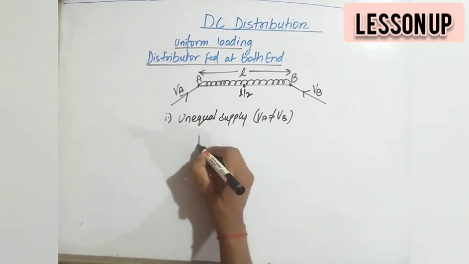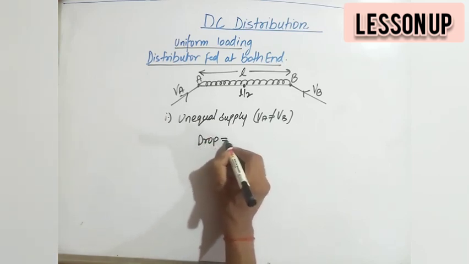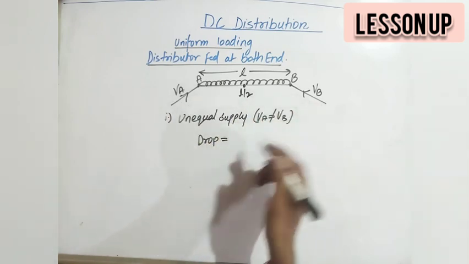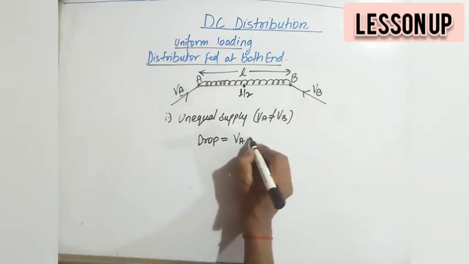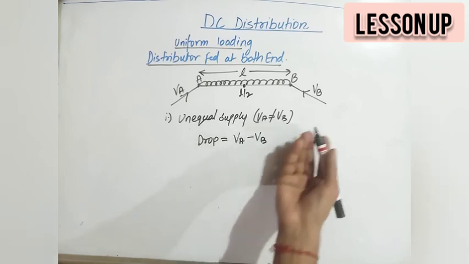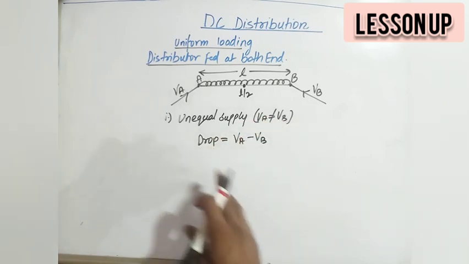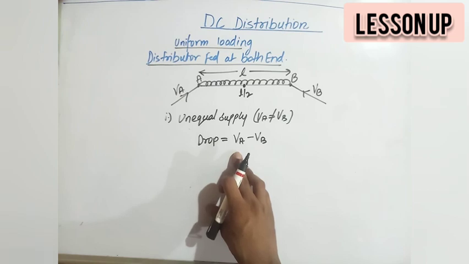So the drop, if VA is not equal to VB, the drop will be VA minus VB or VB minus VA. If VA is greater than VB, we will write VA minus VB.